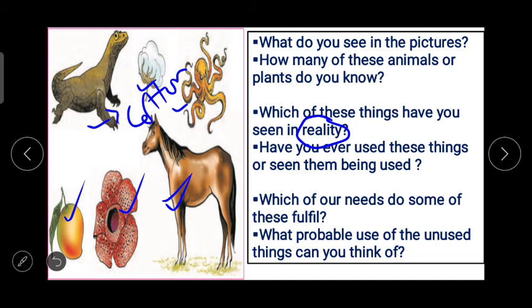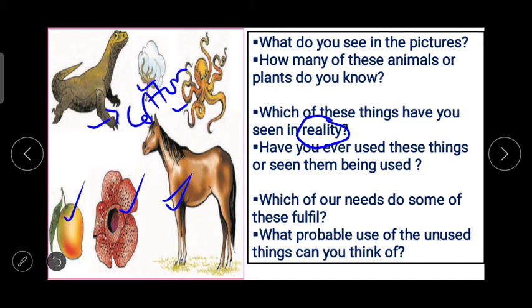Mango is a very common fruit which you may have seen. Then which of our needs do some of these fulfill? For example, again I'll go to the cotton, which is very common, which is useful to fulfill our need of clothes. Like that you answer for all other animals and plants.